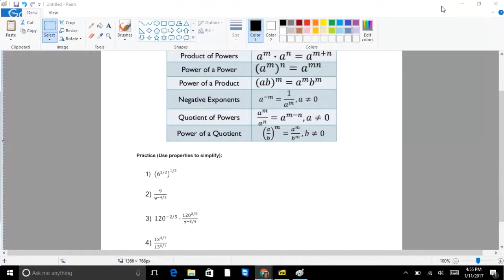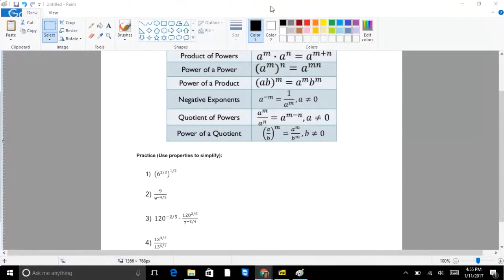Fraction exponents. Yay, right? So on Monday, if you didn't get a chance to watch it, we talked about what a fraction means when you have that as an exponent. And that's another way to write the root of a number.